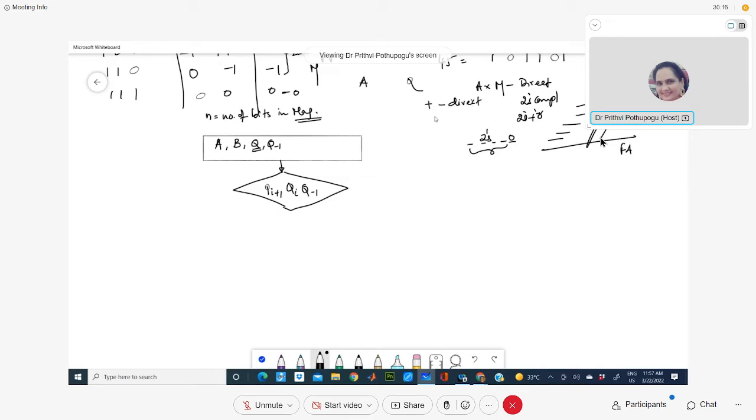Minus means 2's complement. 1 means direct value, 2 means add 0. Plus 1 means direct, plus 2 means the direct value added with 0. Minus 1 means the 2's complement, and minus 2 means 2's complement added with 0.